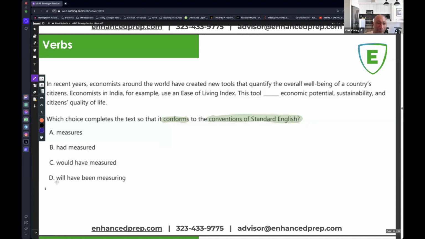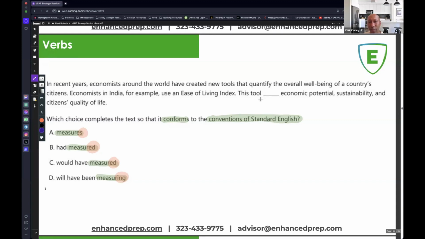So we notice that in the answer choices, we see the same word, but what's changing with that? We see that the ending of that one changes. So in this case, we have measures, measured, measured, and measuring. So we have some past tense, we have some future, and then we also want to make sure that that verb noun agreement works. So in this case, since this is a tool, singular, right?